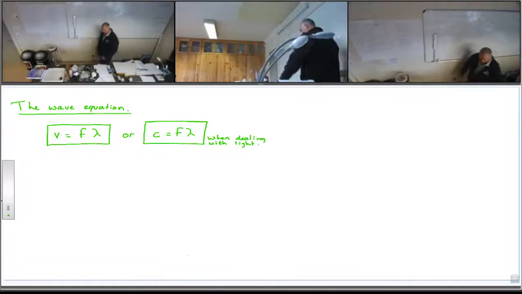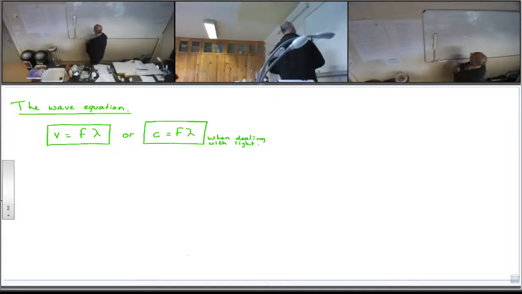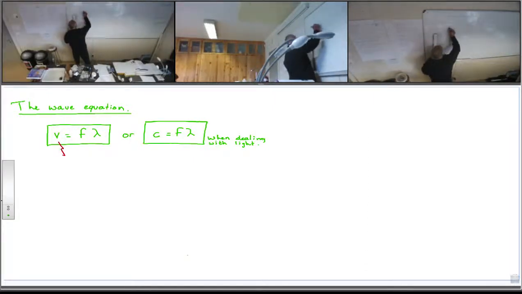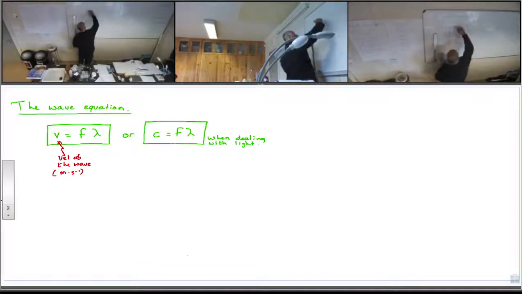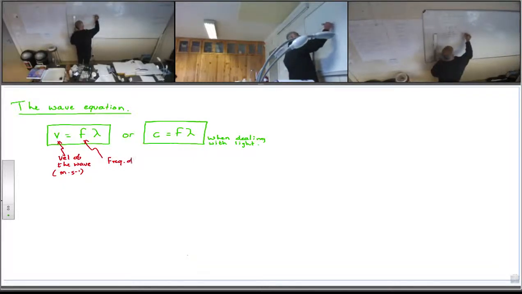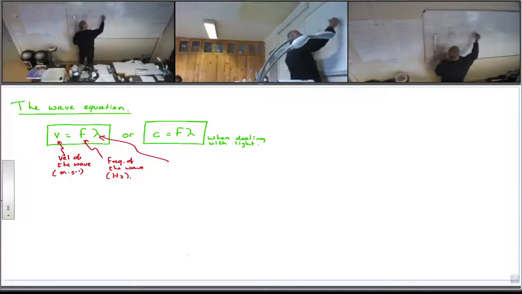Right. We know that V is the velocity of the wave. And what's the velocity measured in? Meters per second. What is F? The frequency of the wave in hertz.